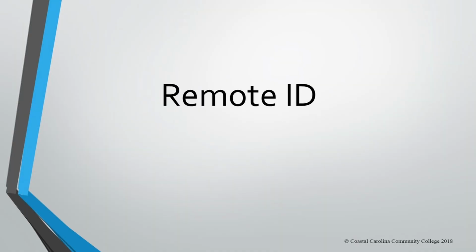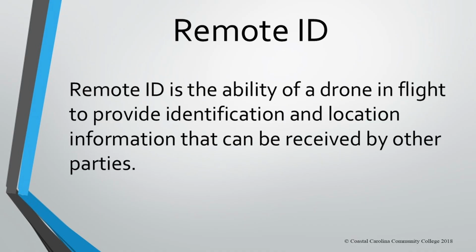Okay, today we're going to give you the information you need to pass the Part 107 exam, specifically the part of the content associated with remote ID. Remote ID is the ability of a drone in flight to provide identification and location information that can be received by other parties.